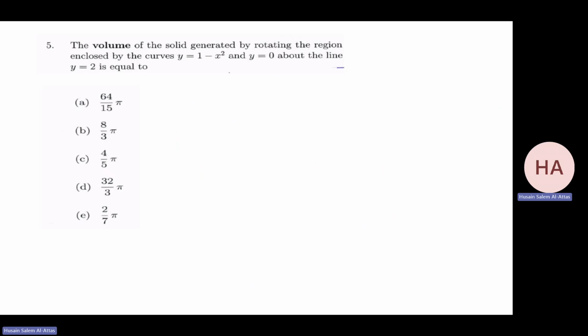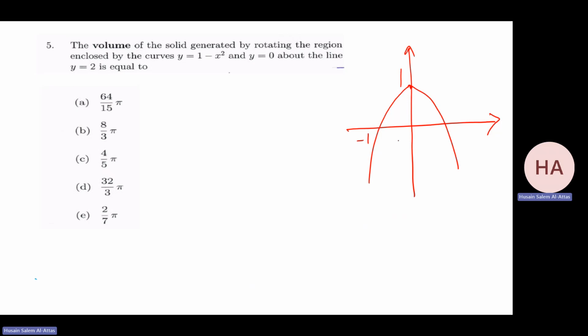The volume is generated by rotating the region enclosed by the curves y equals x squared, y equals 1 minus x squared, which is 1. This is going like this.